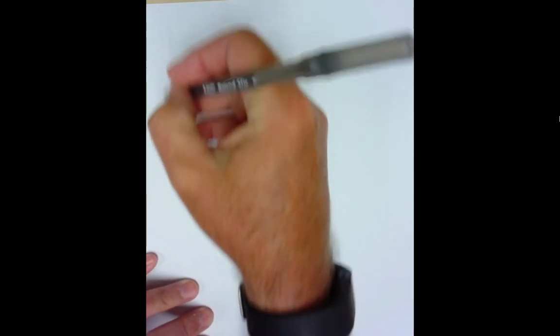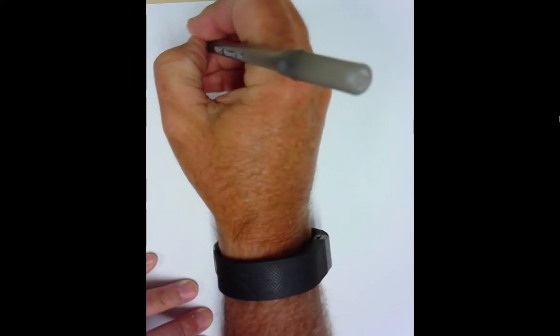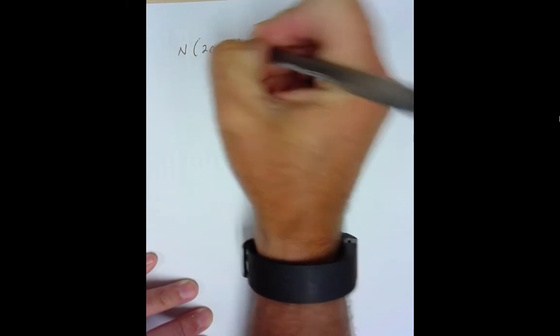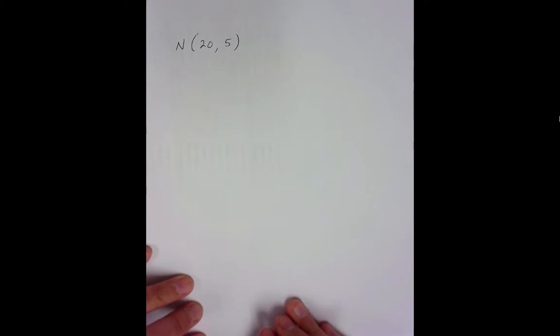Let's say that I have a normal distribution where I have a mean of 20 and a standard deviation of 5.